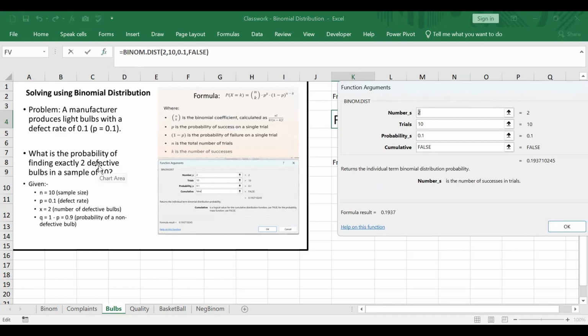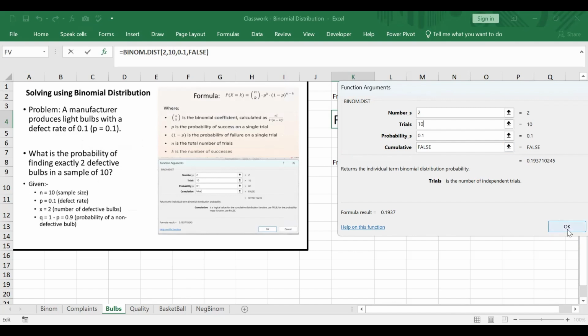I'm calling the event of getting 2 defective bulbs as success because that is what is given here. Probability of defect rate is 0.1. So two defects obtained means success. Trials, 10 bulbs. Probability 0.1. Cumulative false because it is exactly 2.